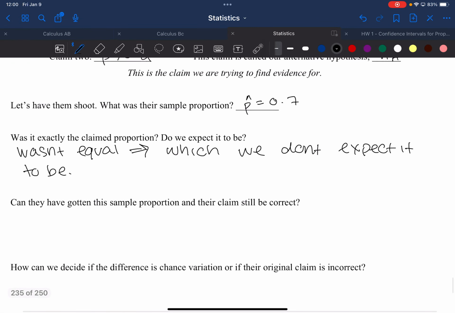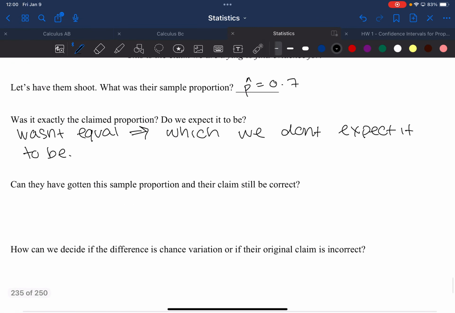Because think of this as one single simulation. Maybe if we were to ask him to do it again, he would make 10 out of 10. Or a third time, let's say 3 out of 10. Every single time would give us a different p-hat value. So we wouldn't ever expect it to be exactly the proportion claimed every single time.